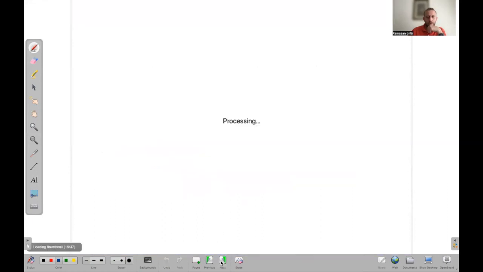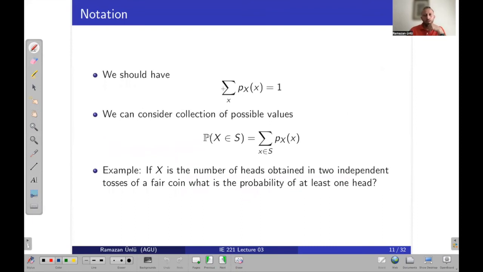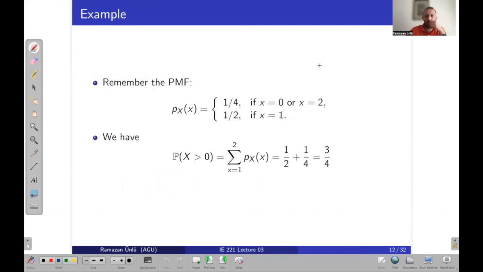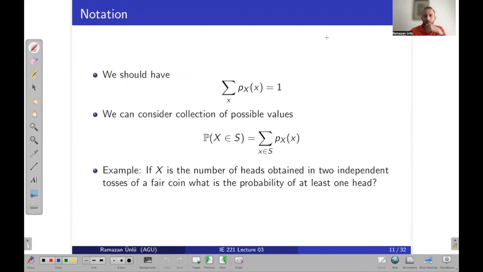Okay, so let me continue. The sum of the probability of all possible values of the random variable will be 1, right? So in the tossing coin example here, let me write that one.